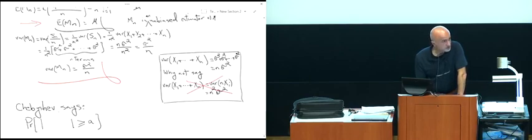What's my random variable of interest? Isn't it the sample mean minus the expected value of the sample mean? Chebyshev says the probability that that is greater than or equal to some number A.